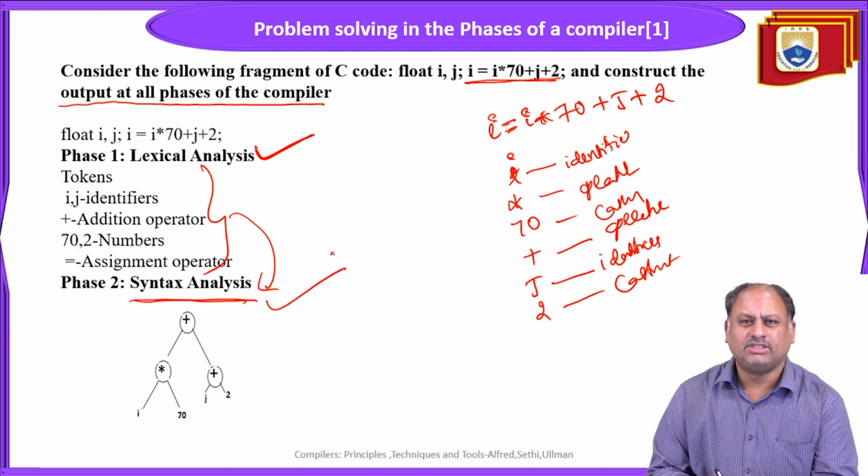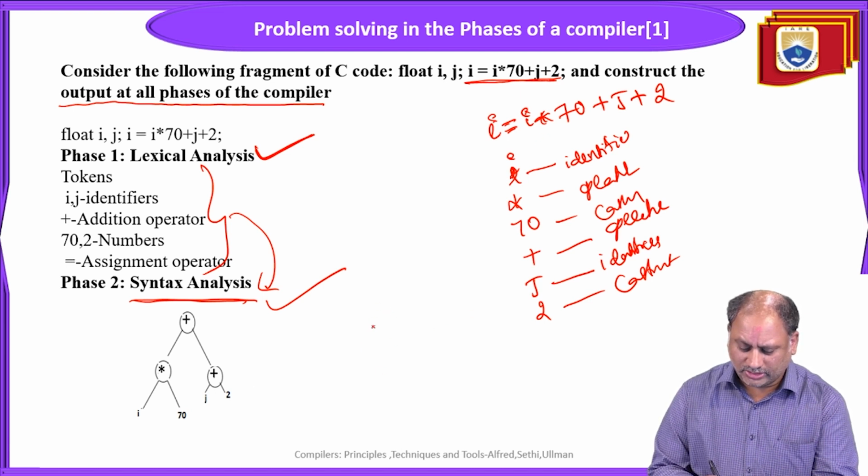Syntax analysis. Syntax analysis is going to construct a parse tree notation where the nodes are considered as operators, and the left and right children are identifiers. So in this example we are going to construct a parse tree.